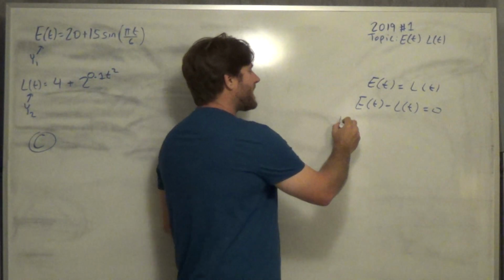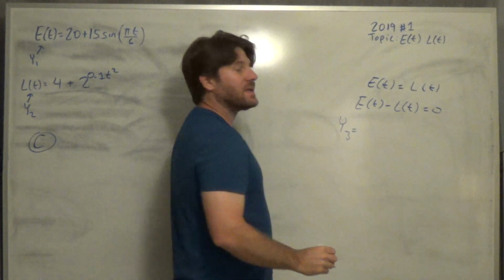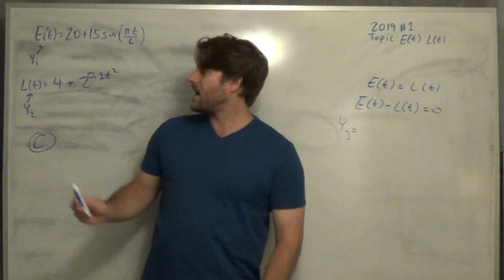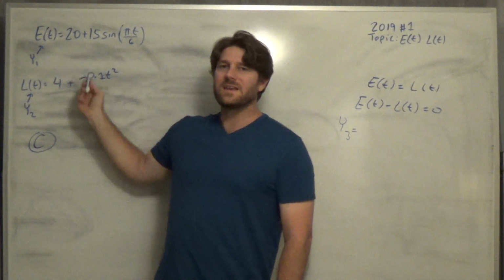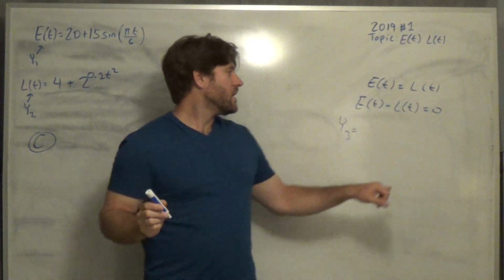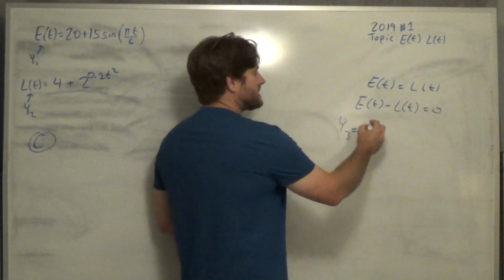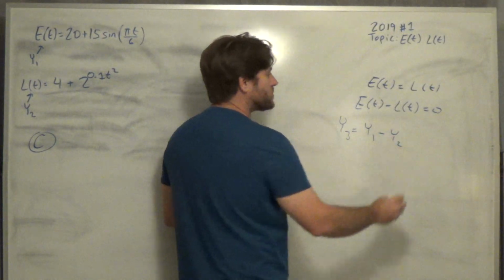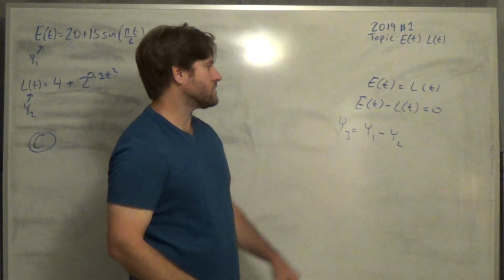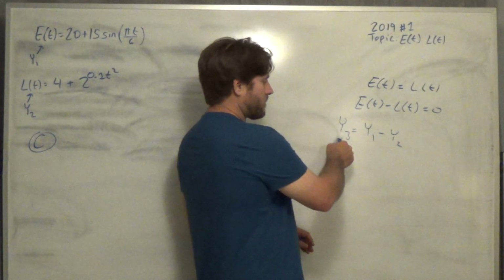So what I'm going to do in my calculator, and again, if you don't have a calculator, go to Desmos.com, graph this, and then this, and then you're just trying to find out where they're equal, where they intersect. But anyways, I'm going to graph this. E(t) is in Y1, so I'm going to use the hotkeys and put a Y1 here, and then use the hotkeys for a Y2, so I don't have to retype all this. And I want to know when this will equal 0. So I'm going to graph Y3.